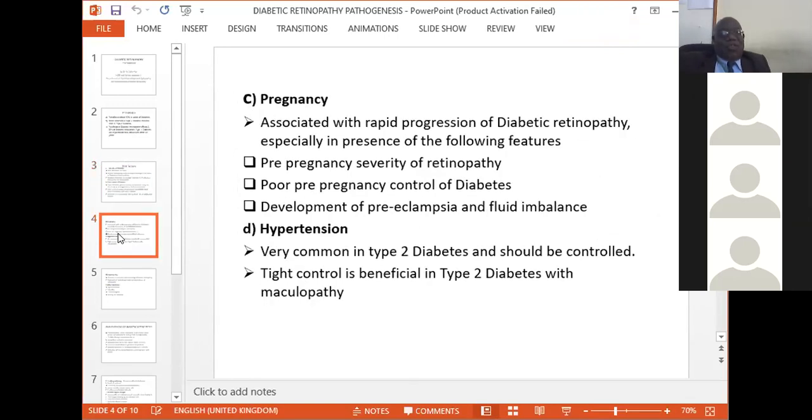Pregnancy is associated with rapid progression of diabetic retinopathy. So ladies who are diabetic, especially with casual control, just know that there will be progression of diabetic retinopathy.